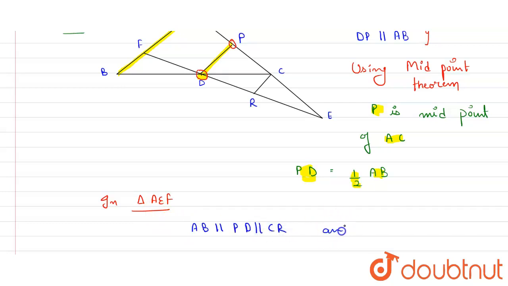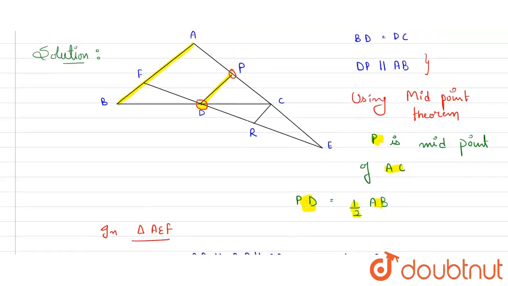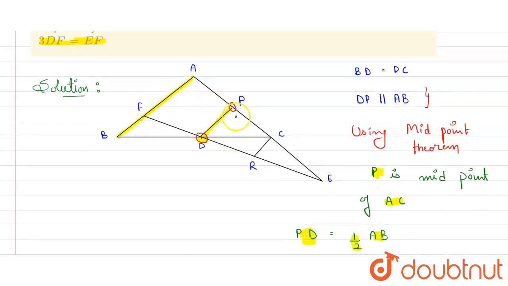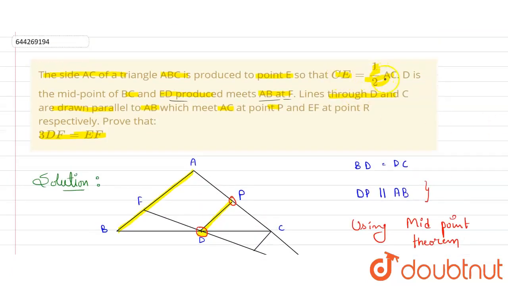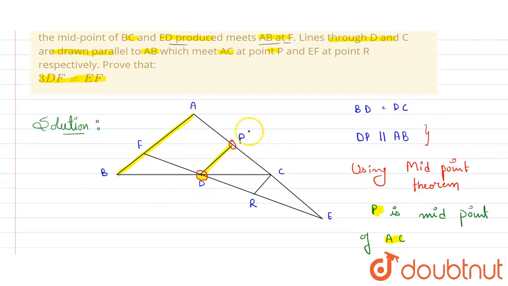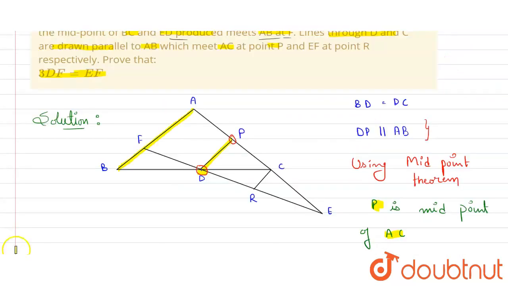And one more thing is given here, that AP is equal to 1/3 of AE. How? It is given that P is the midpoint of AC, and it is given that CE is equal to half of AC, then AP will be 1/3 of the whole AE line.